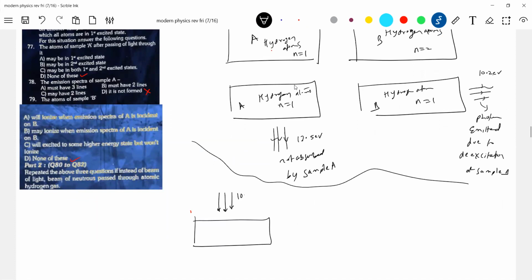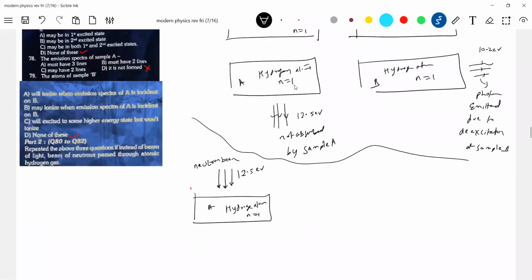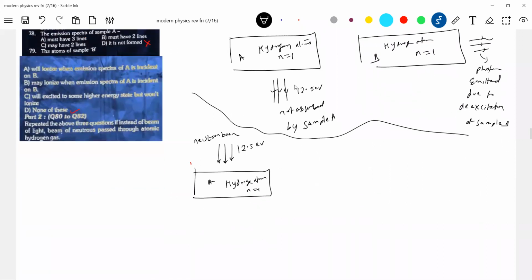Beam of neutrons, how much energy? 12.5. Neutron beam. This is a hydrogen atom, n equal to 1. This is sample B.